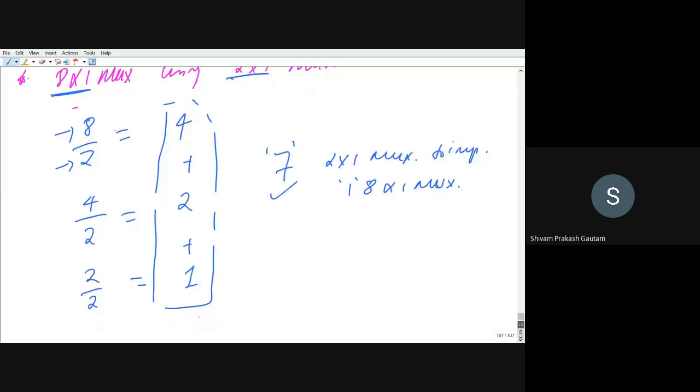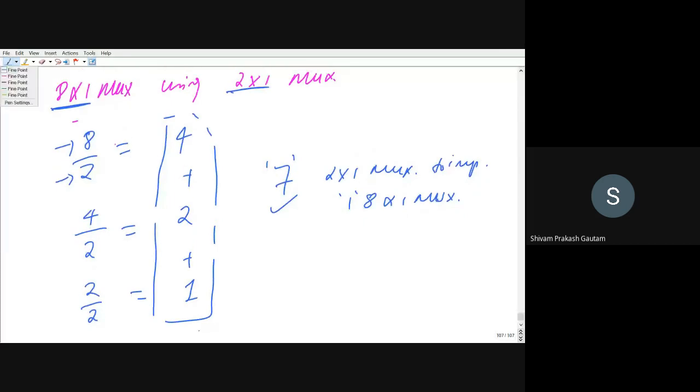Okay. So first we have to arrange the mux. First we take 4 mux at a time, then 2 mux, and then finally 1 mux, right?